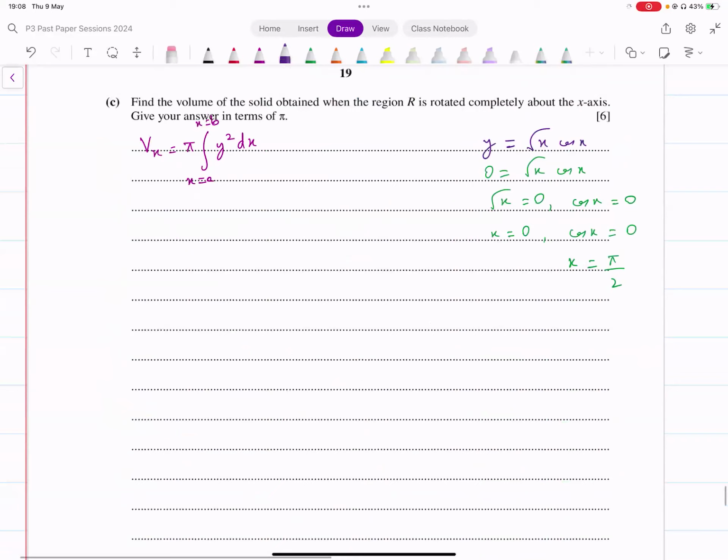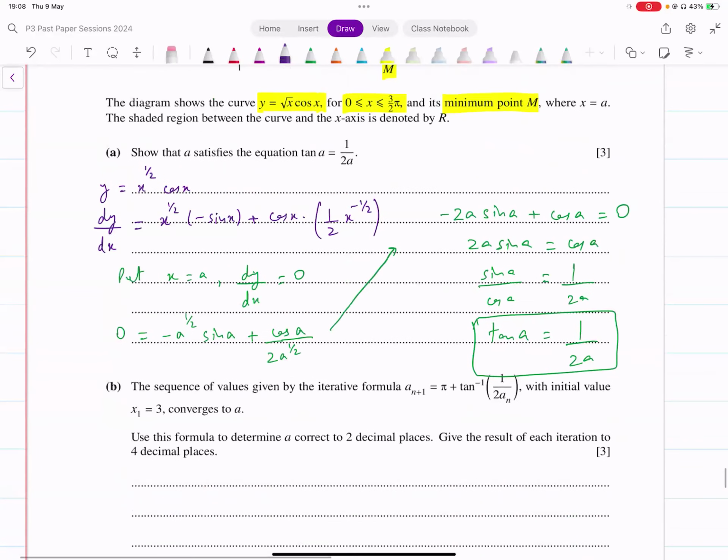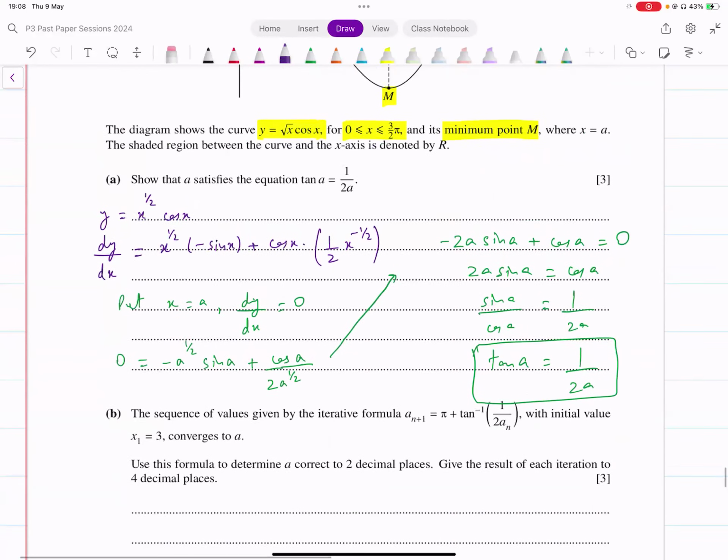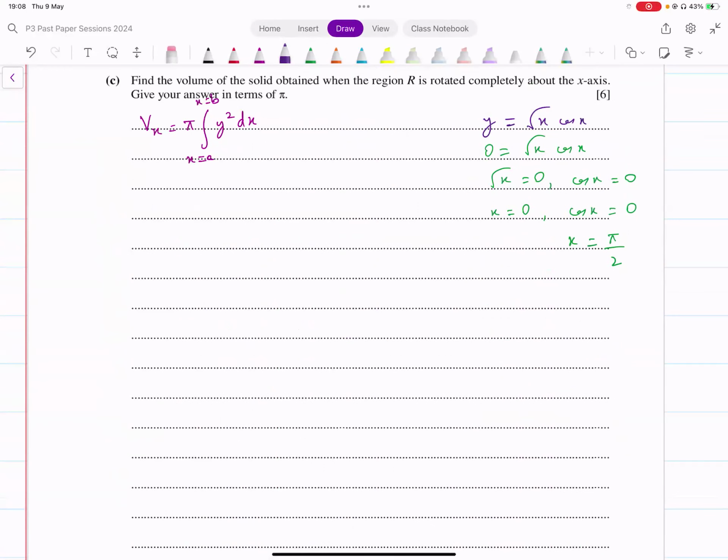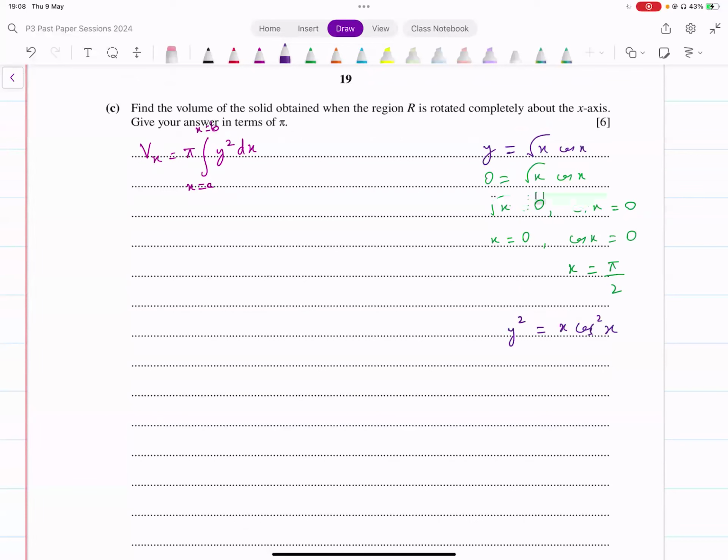Now you find y squared. Okay, what is y squared going to be? Let's evaluate y squared on the side here first. y squared equals x cos squared x, right? That is what y squared is. We need to integrate this and input those limits.